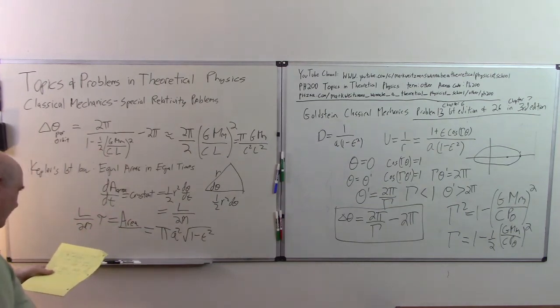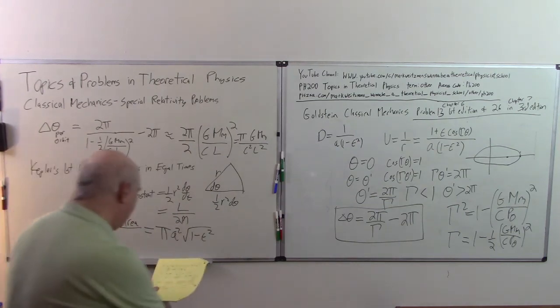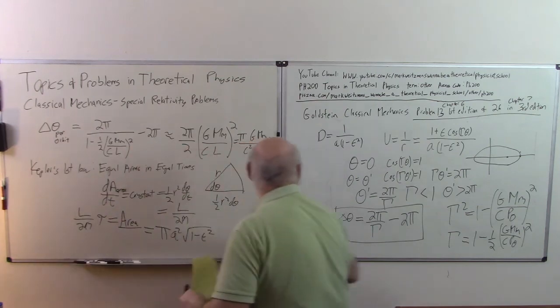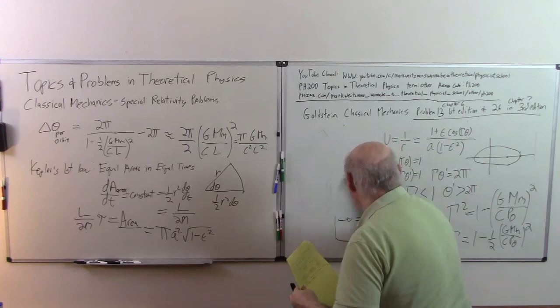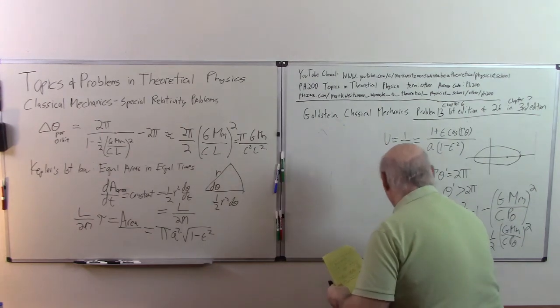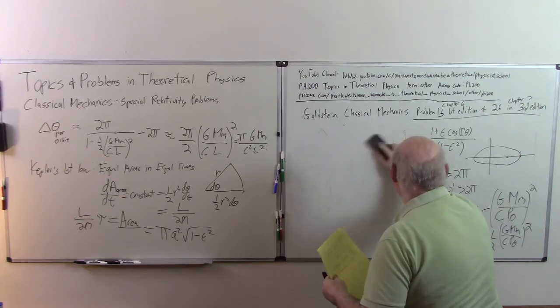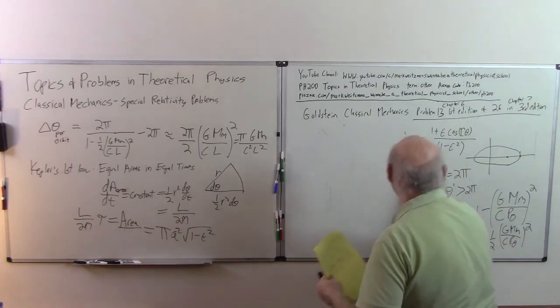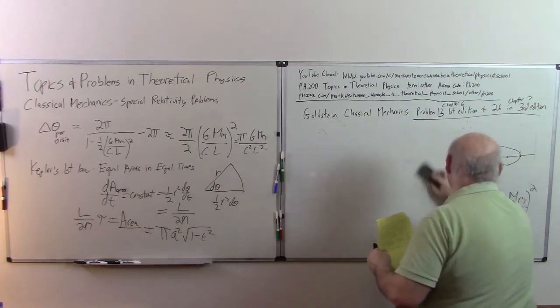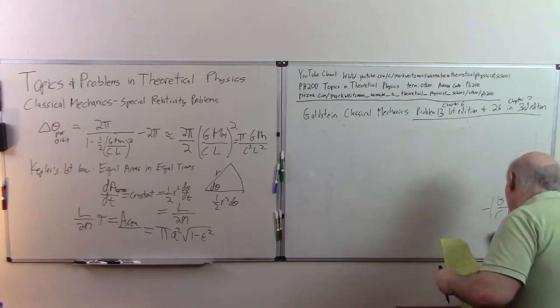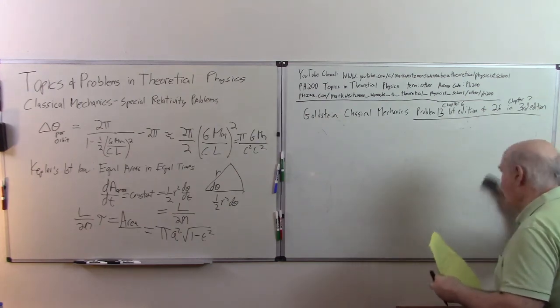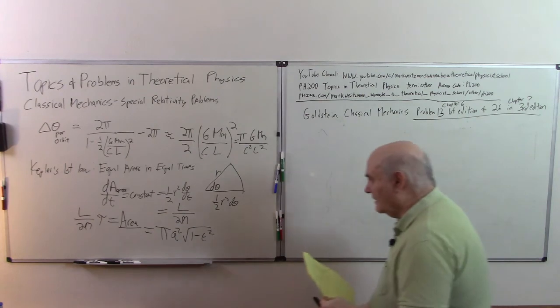Okay. So this gives us our parameter L that we have in here, which I want to get rid of. Now I have it in terms of the eccentricity and the mass.